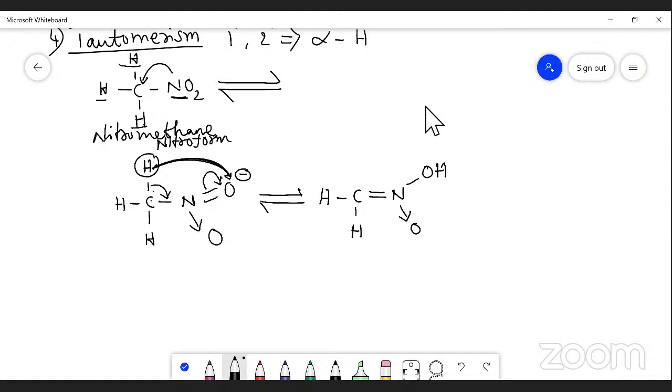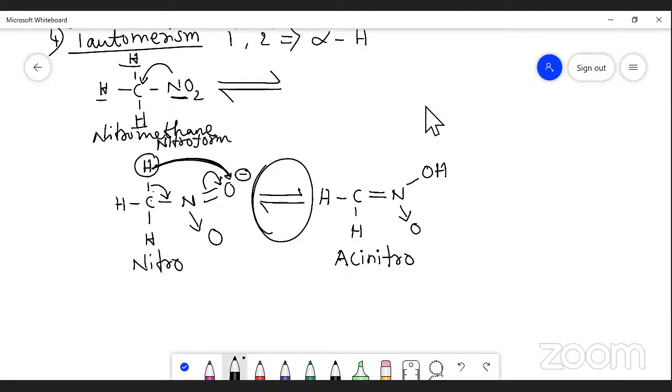The first compound is the nitroform, and this one is named the aci-nitroform. These two exist in an equilibrium condition, and we can reverse it.